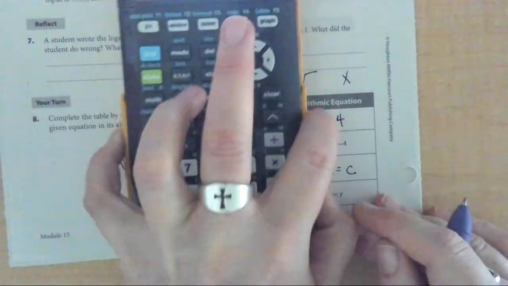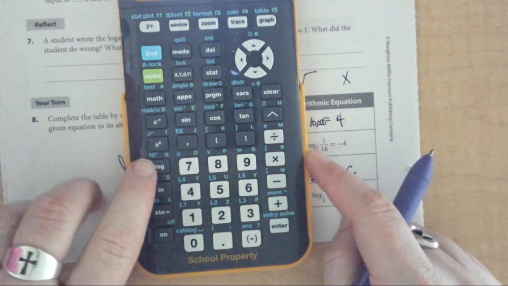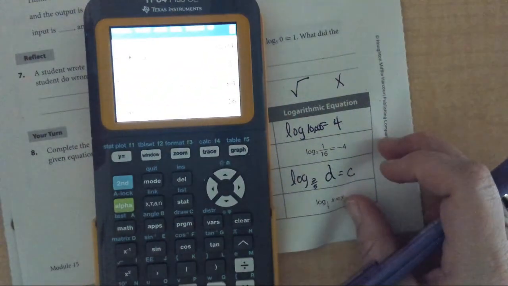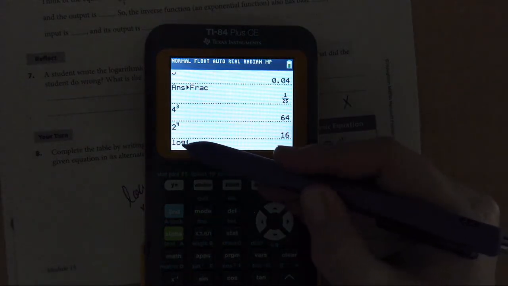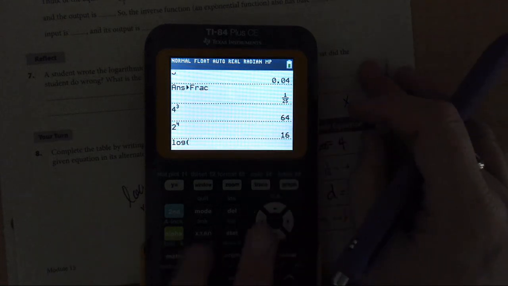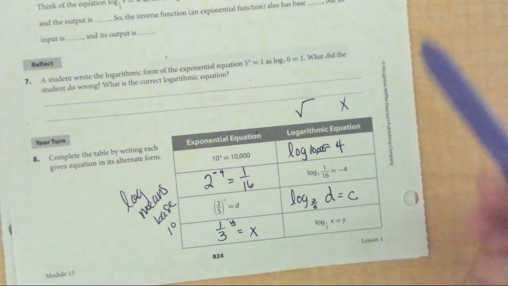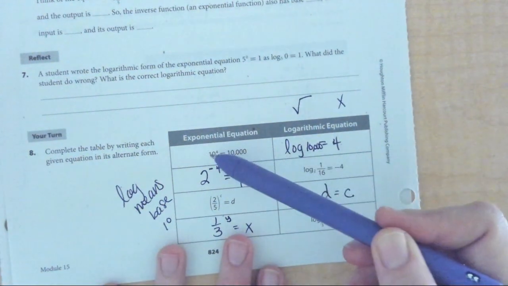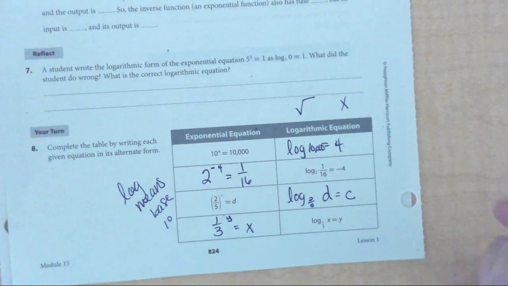So when you look at your graphing calculator, do you see that there is a log button here? When you push it, you see just log on the screen, because that is understood to be in base 10. Always. So if you see the word log, its base is 10. They're not going to write it. So the reason I didn't write the 10 here is because 10 is understood as a base. So I just write it like this.